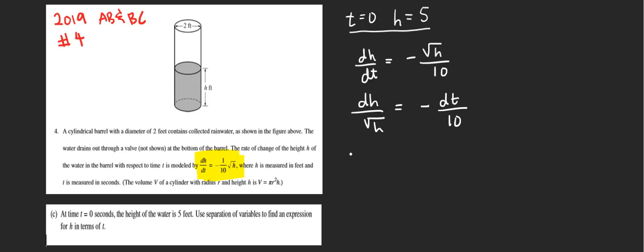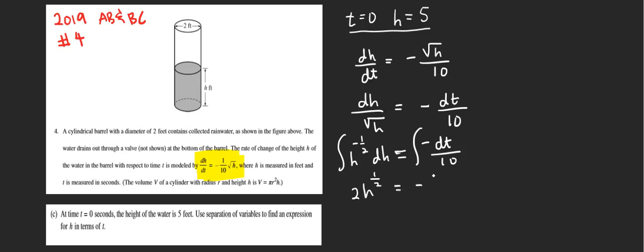So let me rewrite this as h to the negative 1/2 dh equals negative dt over 10. Now let's take the antiderivative. You get h to the 1/2 divided by 1 over 2, which is the same thing as 2h to the 1/2, equals negative 1 over 10 t plus c1.